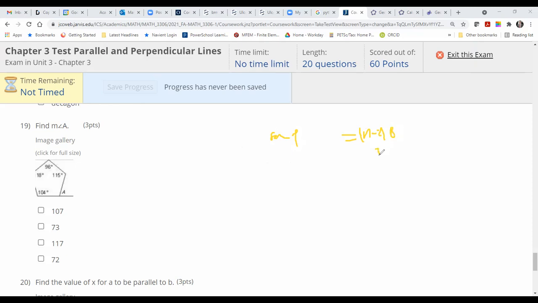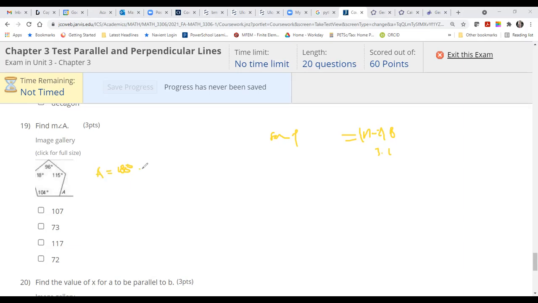So it's 3 times 180 degrees, and then you subtract all of these angles. It gives you this angle. So when you get this angle, you subtract it from 180 degrees.